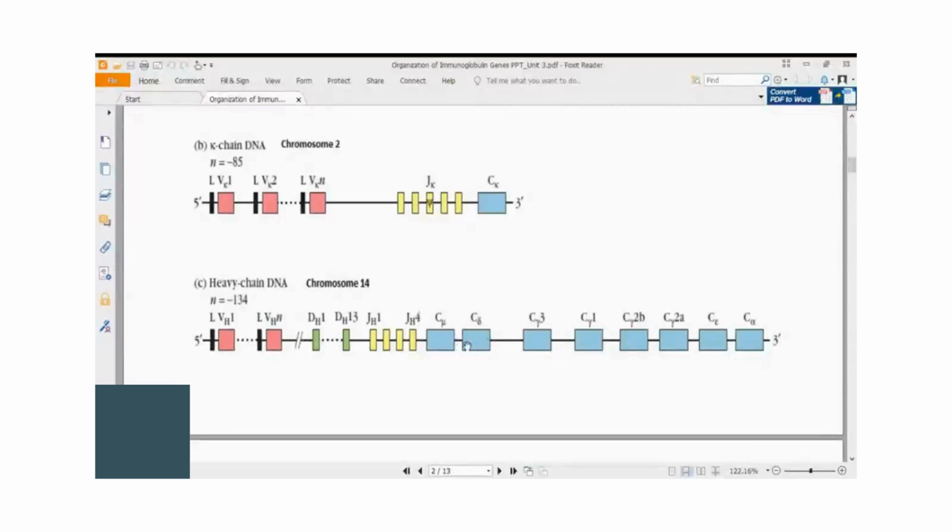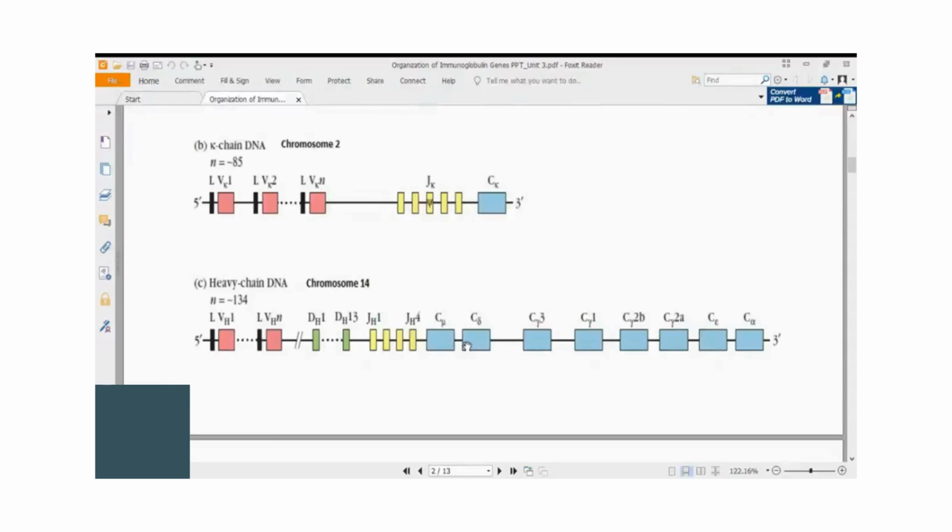But always it is the thumb rule: M, that is the C mu gene, cannot be skipped. It has to be chosen as the first gene to produce the antigen receptor on the B lymphocyte. Without choosing the C mu gene, antibodies are not going to be produced.